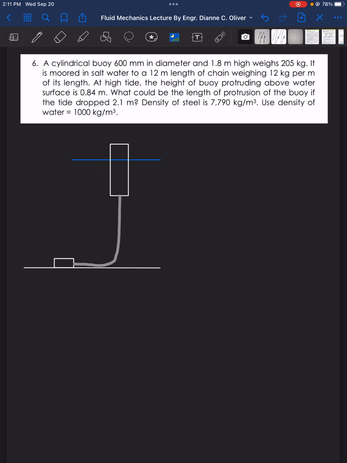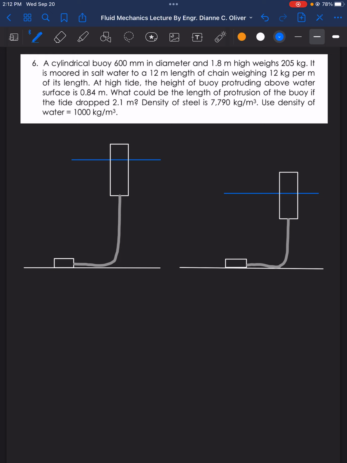This is the initial scenario, and this is the next scenario when the tide dropped 2.1 meter. So the difference of the two water levels, or the sea water levels, is 2.1 meters.